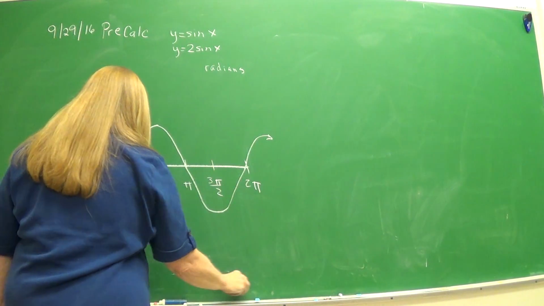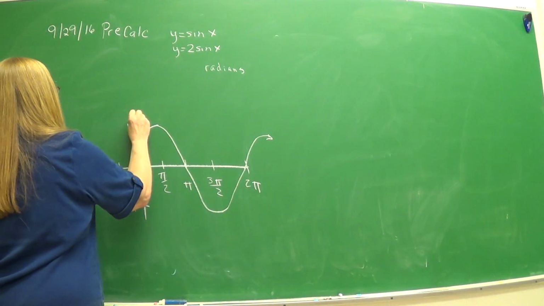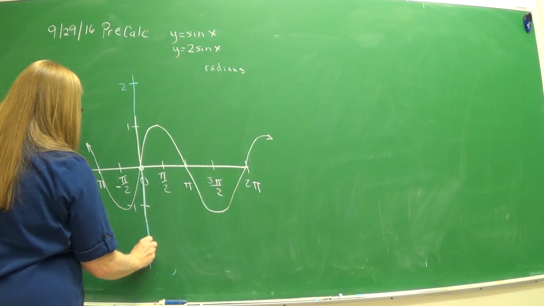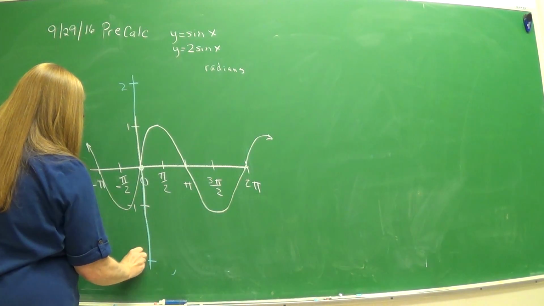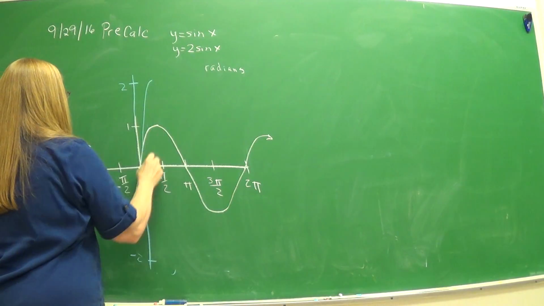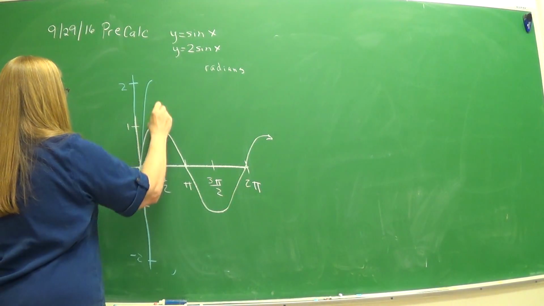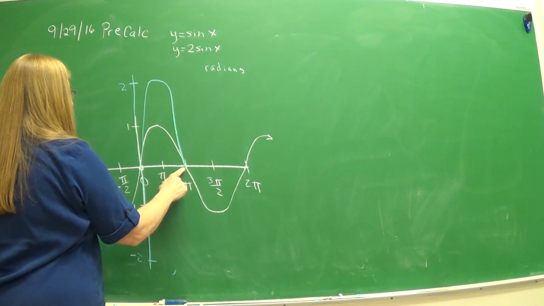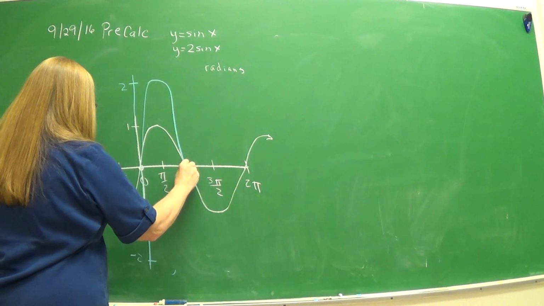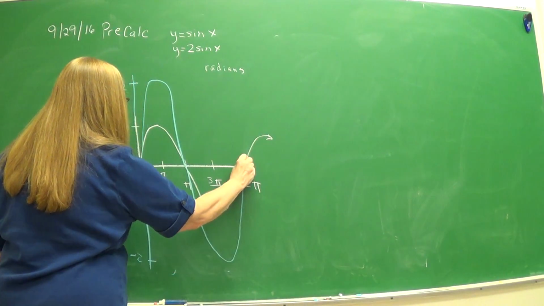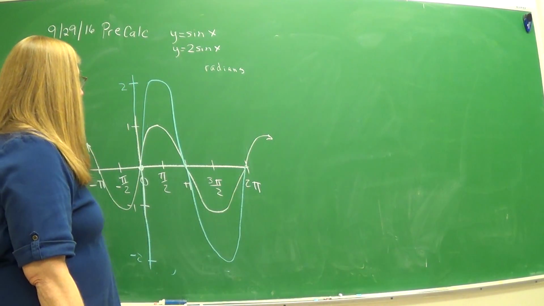That 2 caused the graph, instead of going up to 1 and down to -1, it now goes up to 2 and down to -2. It still hits its peak at pi over 2, comes back down and is at 0 at pi, bottoms out at 3 pi over 2, and back to 0 at 2 pi.